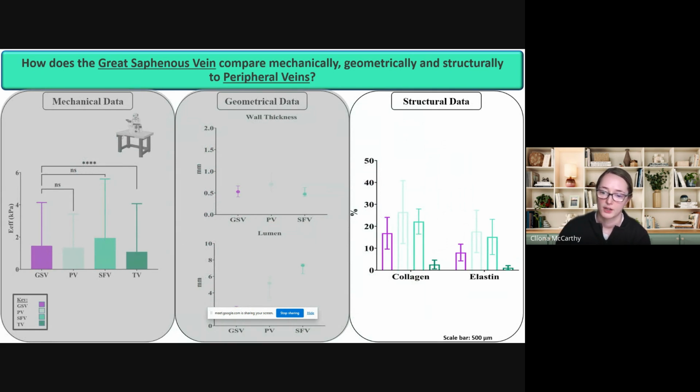So then going into collagen content, the collagen content of the popliteal vein and the superficial femoral vein tends to be higher, whereas the tibial vein tends to be lower across collagen and elastin contents when compared to the great saphenous vein.